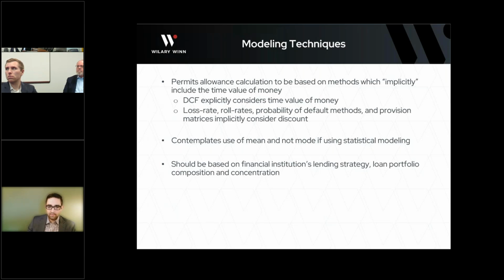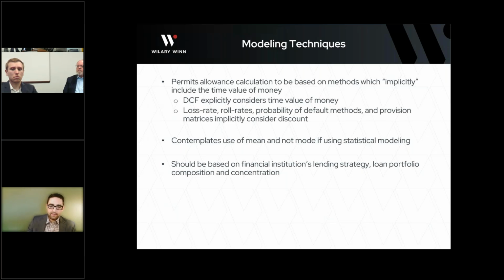The other thing to understand with CECL is that it requires us to account for the time value of money, but it doesn't say that you have to use a discounted cash flow. So the standard does have language that recognizes that the amortized cost of that loan would already reflect some of the time value of money to some degree.